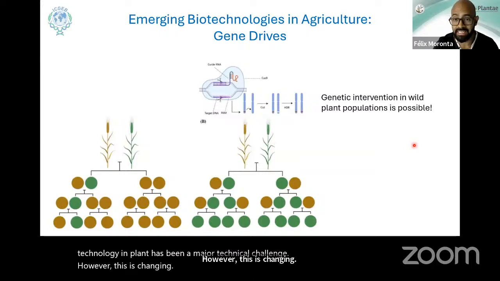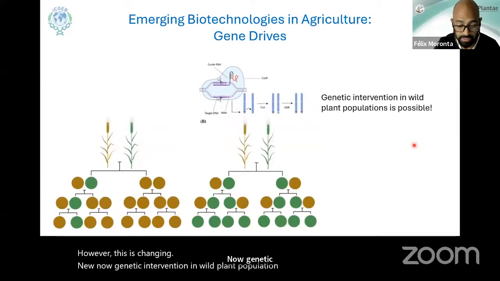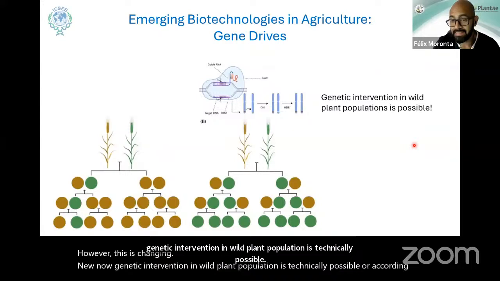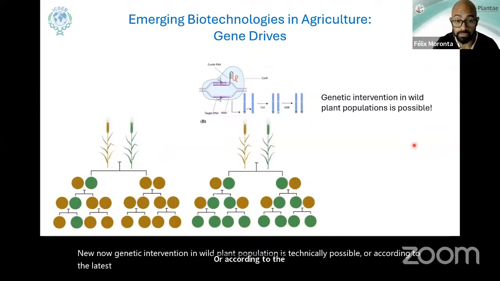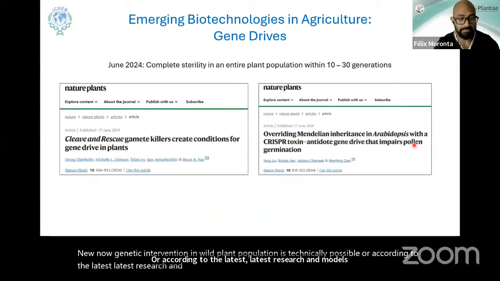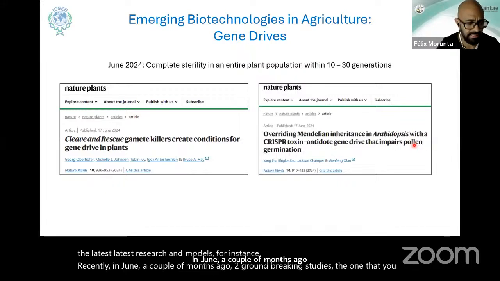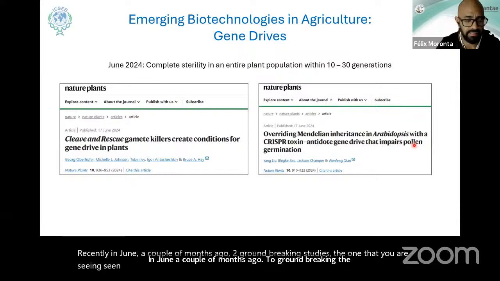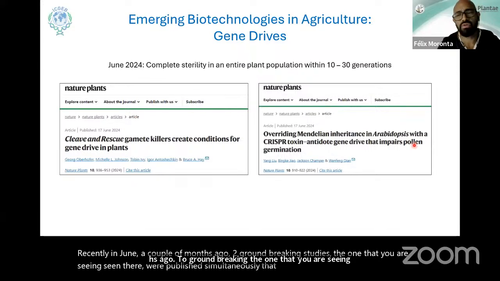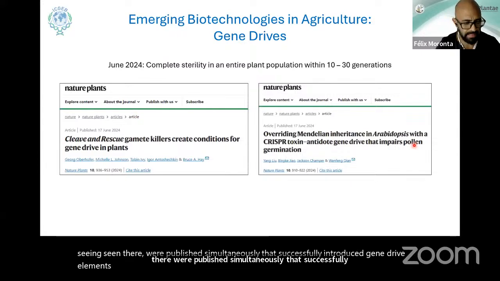Now genetic intervention in wild plant populations is technically possible, according to the latest research and models. For instance, in June, a couple of months ago, two groundbreaking studies were published simultaneously that successfully introduced gene drive elements in Arabidopsis.